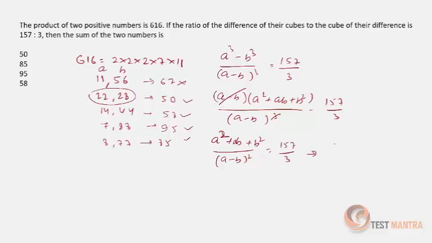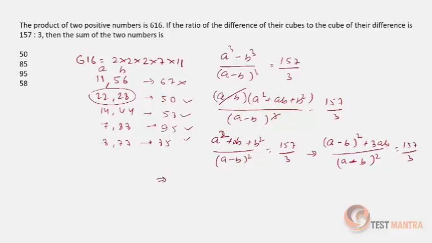Further, I can write the value as a minus b whole square plus 3ab, right, as it's a square minus 2ab plus b square plus 3ab, divided by a minus b whole square, should be equal to 157 by 3.